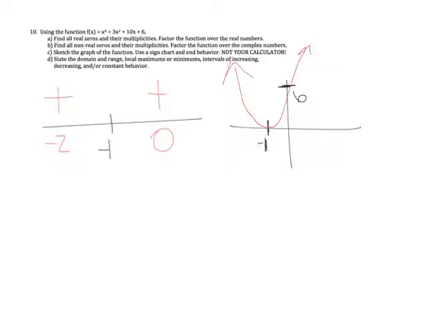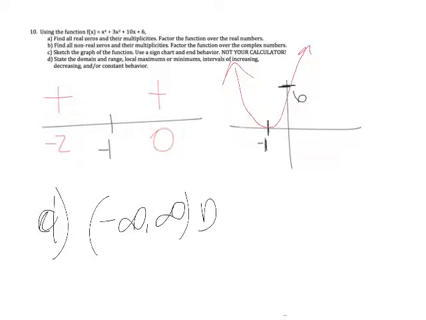As far as part D with your domain and range, remember, for domain, your x values, you're interested in anything that has fractions or anything that has a radical or anything like that. This has none of that, so it's literally from -infinity up to +infinity for your domain. Your range is your y value, and the lowest you've gone is down here.